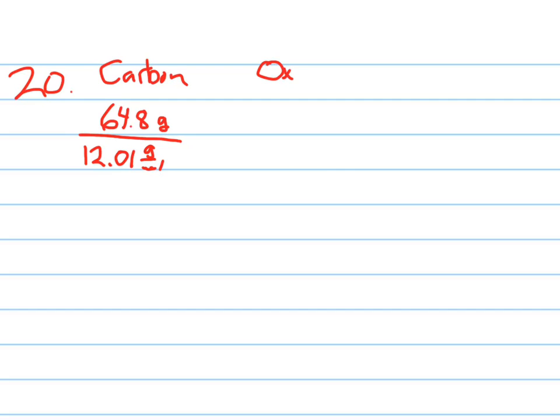We have our oxygen. Well, I guess we can do the oxygen. So that's going to be 21.59 grams of oxygen, and we're going to divide that by 16.00 grams per mole.